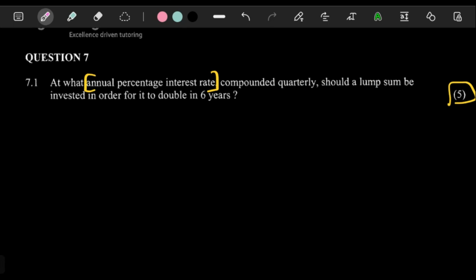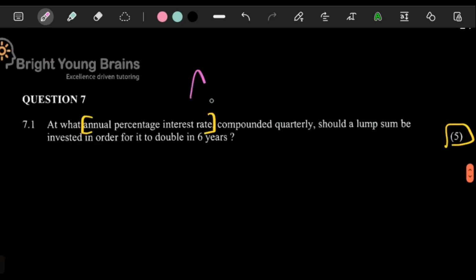In this case, you don't have to worry too much about it. You don't overthink it, because it's the same normal everyday question. If something is going to gain interest, it's the compound interest formula.